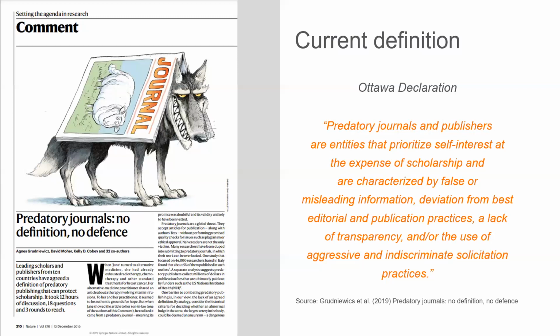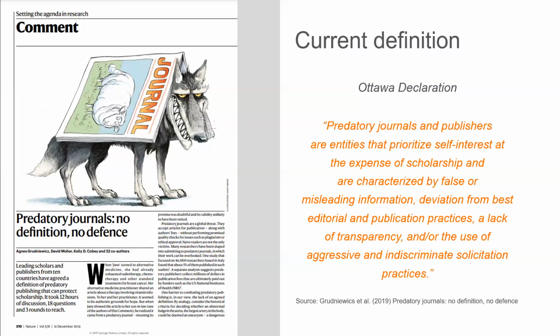When we talk about prioritize self-interest, it really means to make money or for profit, for the sole purpose of making money. Also at the expense of scholarship. So they publish work that has not been verified by experts, so it hasn't gone through peer review. To attract submissions, they spam, usually spam emails, or they provide misleading or false information on their websites.